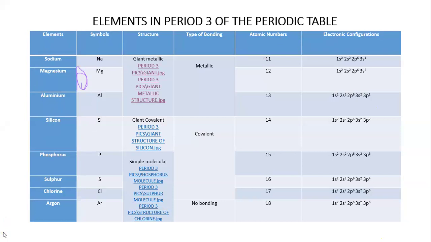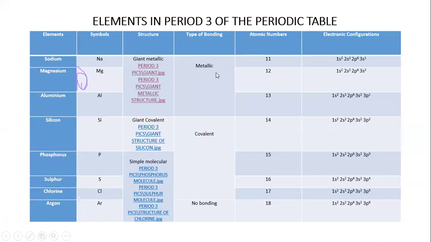Okay, so let us try to look at other structures now. You can see all the metals in period 3, the structure is giant metallic. And the type of bonding is metallic bonding.